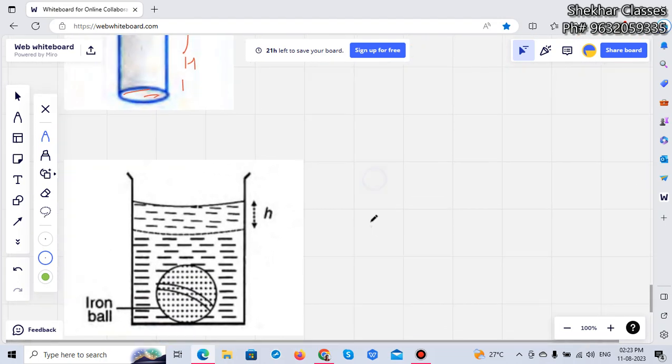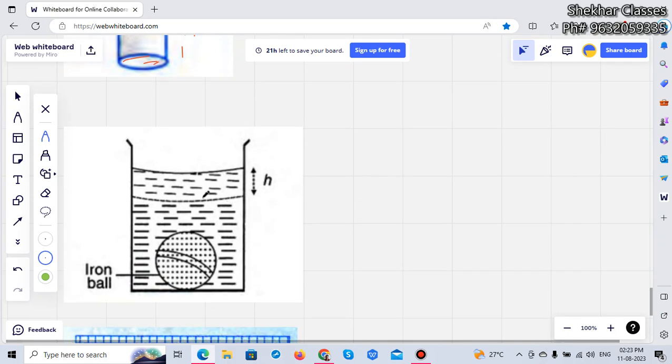Now another question is this one. Let me explain what happens in it: you have a certain amount of water in it, and the level of the water is this much. Finally, when you put an iron ball into it, the level of the water will go up. So what does it mean? This is the rise in the volume, right? The volume of water from here to here is because of this volume.